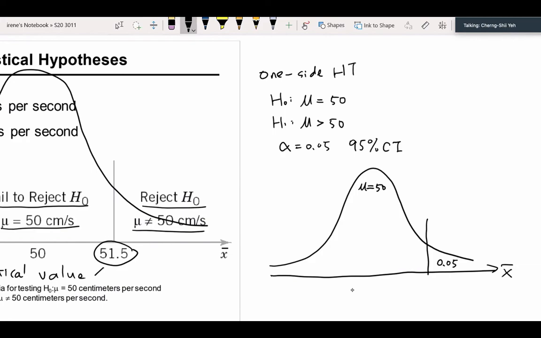I just made it up. I'm assuming this one is 50.5, I don't know. So that's my one-sided confidence interval. This is my alpha.